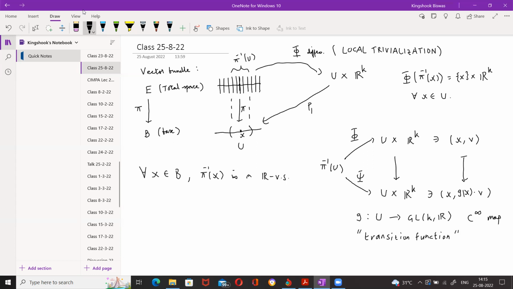It's a real vector space of dimension k. Okay, is this clear? This is the definition of a smooth bundle. Any question?